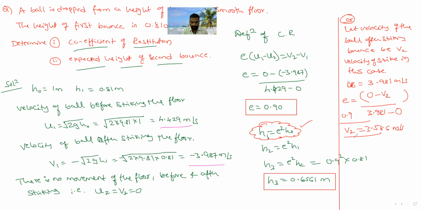Once you find out the value of V2, then you have to find out the height. H2 is equal to V2 square divided by 2G. So that is V is equal to under root of 2G. Same way. So calculate how much you will get. H2 is equal to 3.586 square divided by 2 into 9.81. Let's calculate H2.